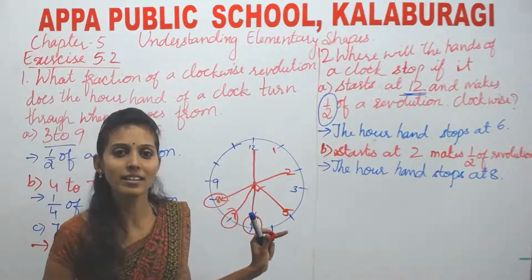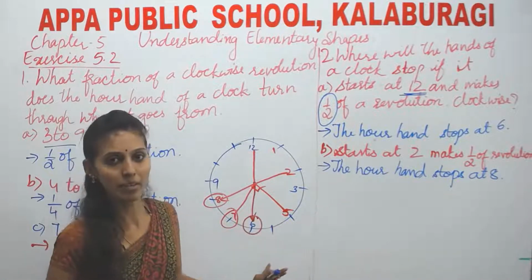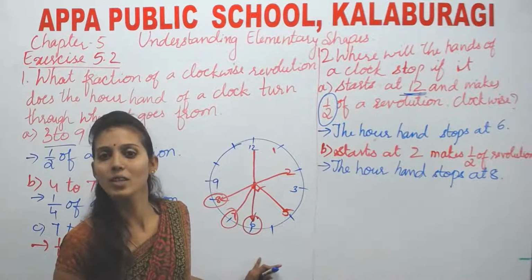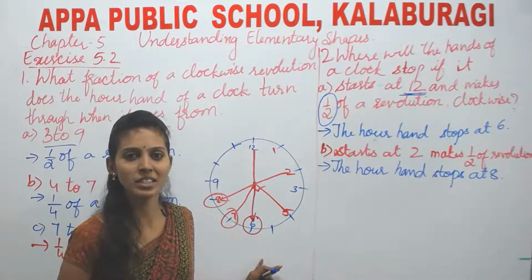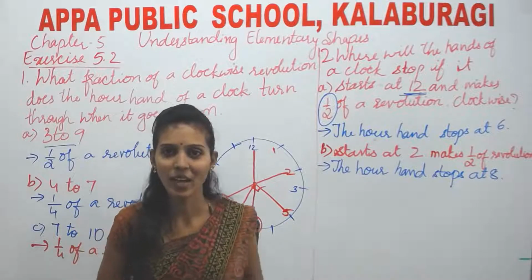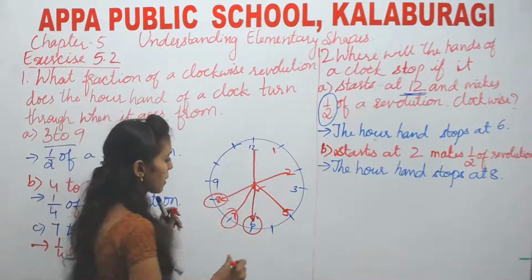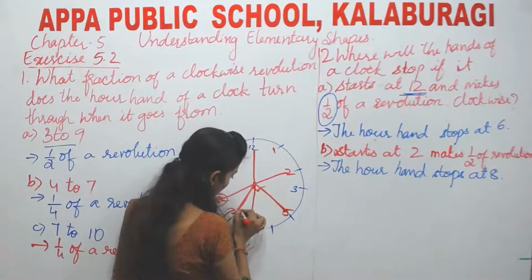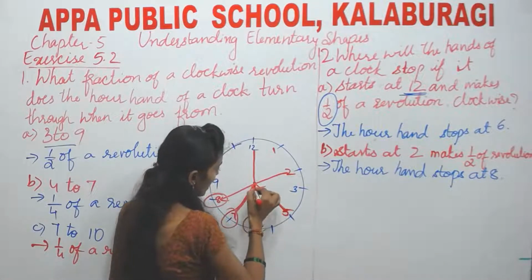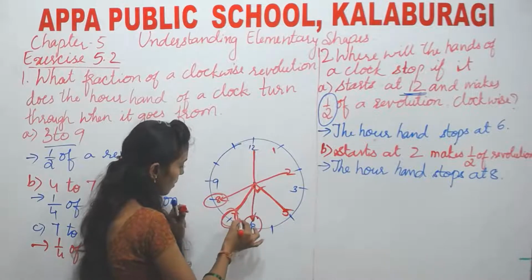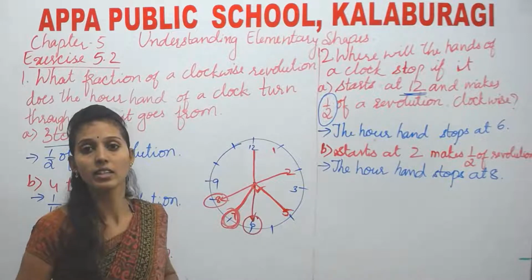Again, don't be surprised that I'm not writing and I'm showing you. This is your work. From onwards, half of work you will do it by yourself. Okay? So, see, from 5, 1/4, I mean 1 right angle. Okay, 1/4 of revolution means 1 right angle. That means it stops at 7.